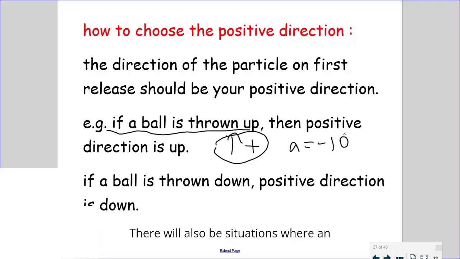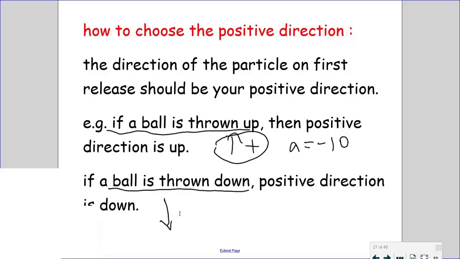Okay? There will also be situations where an object is thrown down or it's released from the top or something like that. Okay. So because the initial motion, the starting motion of the object is down, I would generally take downwards as positive. Okay.